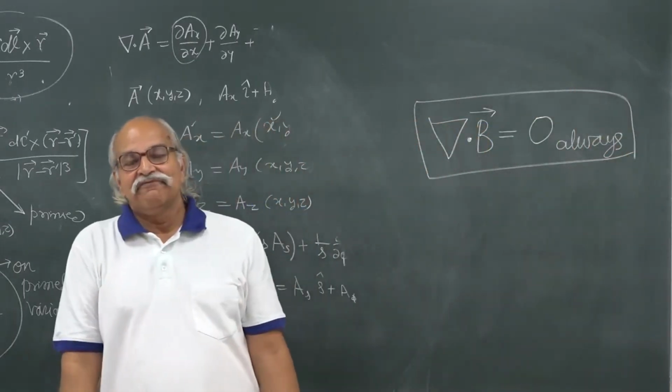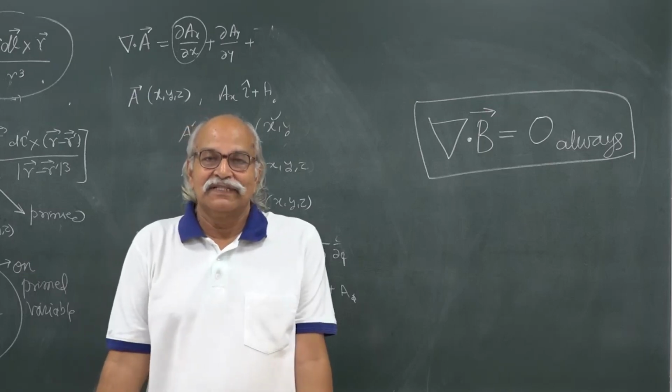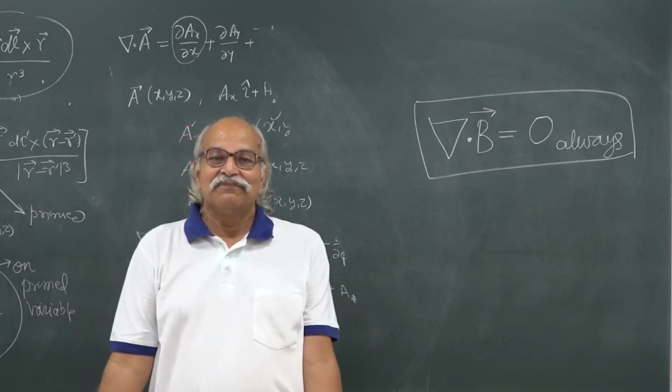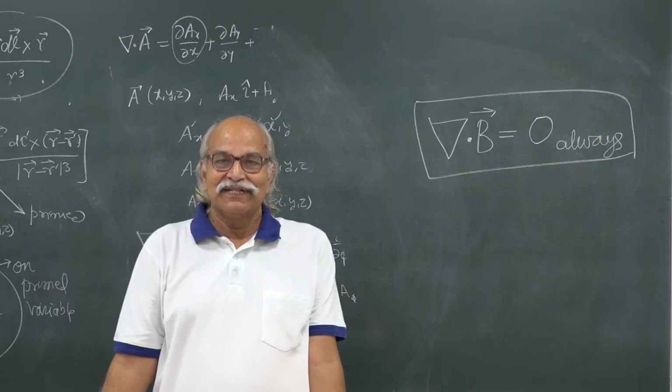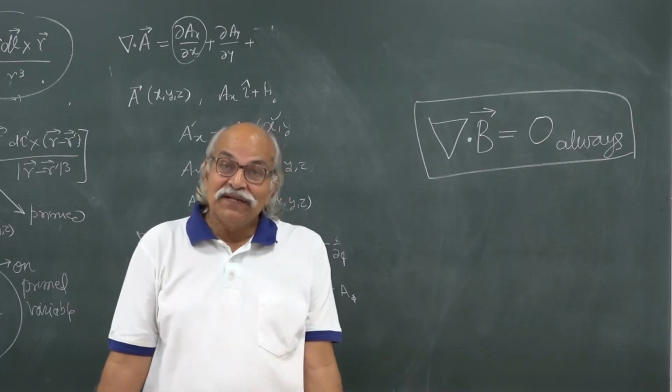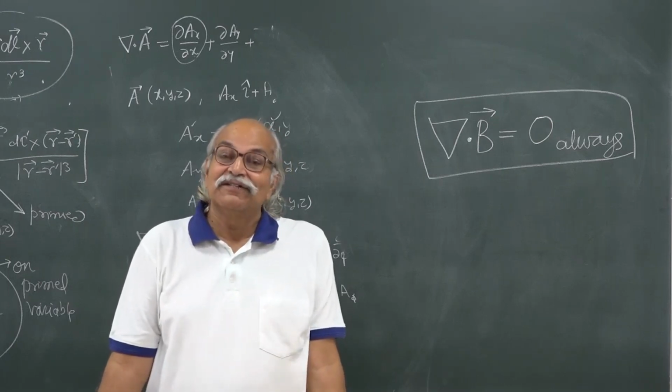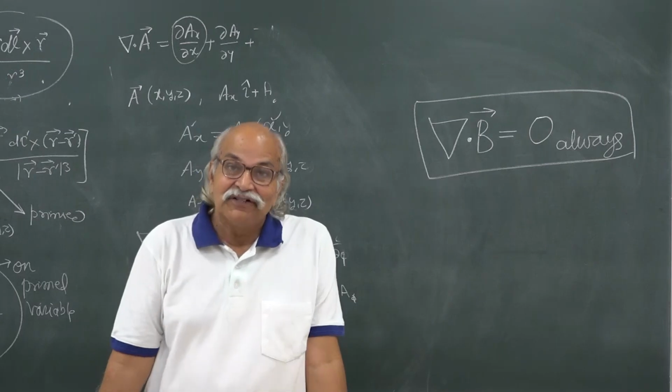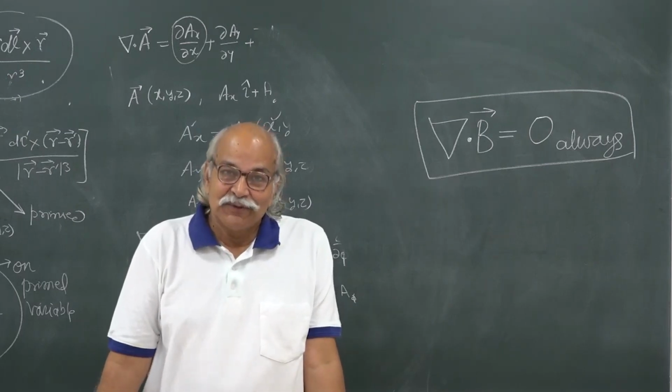This is one of the very fundamental laws of physics, one of the 4 Maxwell's equations for electromagnetic fields: divergence of B is always 0, no matter how you have produced that magnetic field, what kind of current distributions are involved, and so on and so forth.